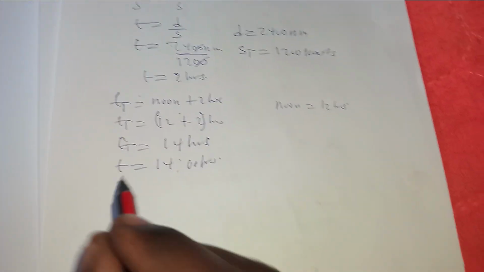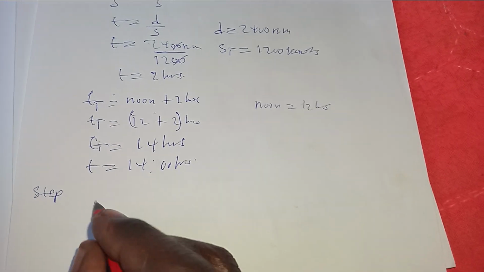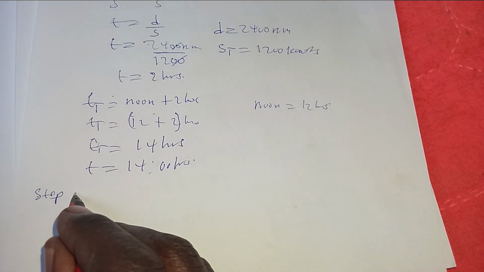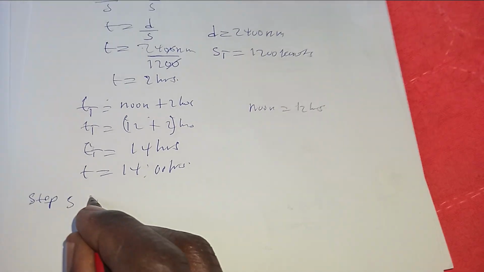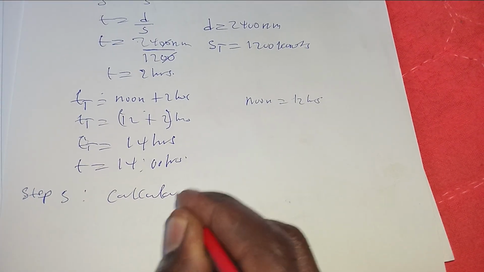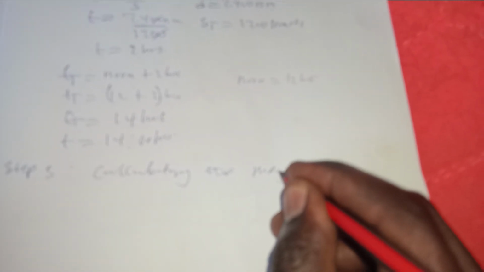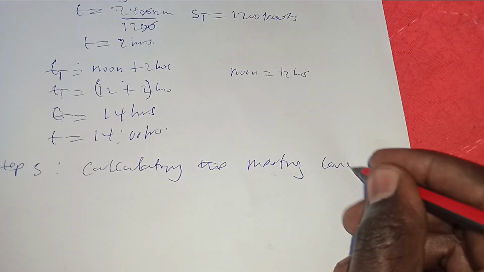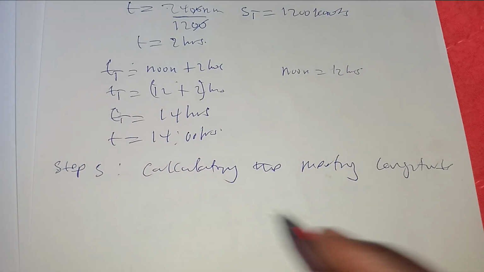Now, step 5, we can calculate the longitude at which they meet. So step 5, calculating the meeting longitude.